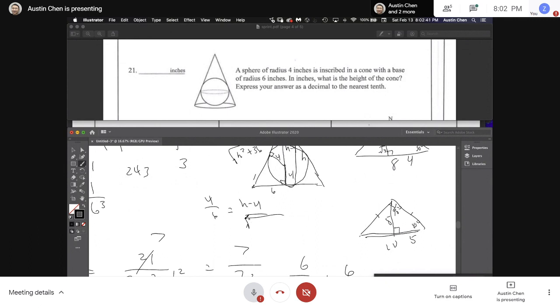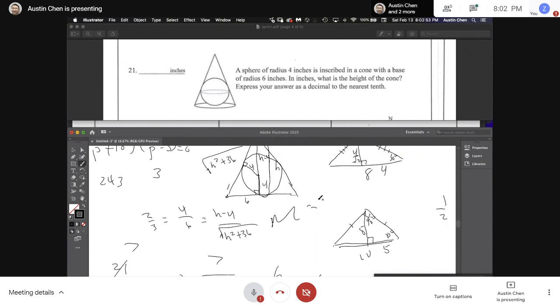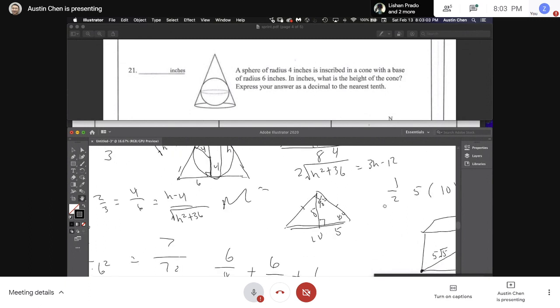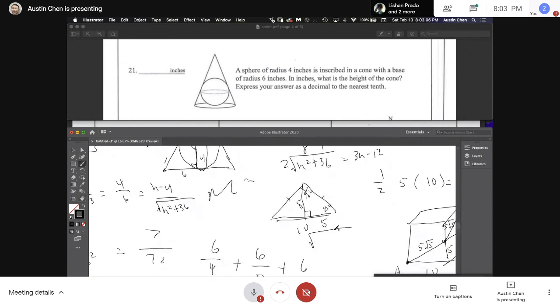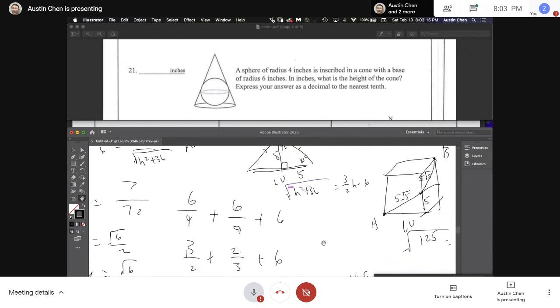So then we have this equation: 4/6 is equal to h minus 4 over root of h squared plus 36, and this is going to be equal to 2/3. So then we can cross multiply. Then we have 2 times root h squared plus 36 is equal to 3h minus 12. Or, we could just say root of h squared plus 36 is equal to 3/2 h minus 6. And now we can square both sides and we will have a quadratic in h.